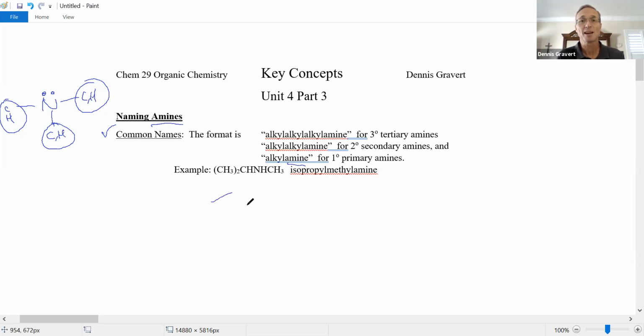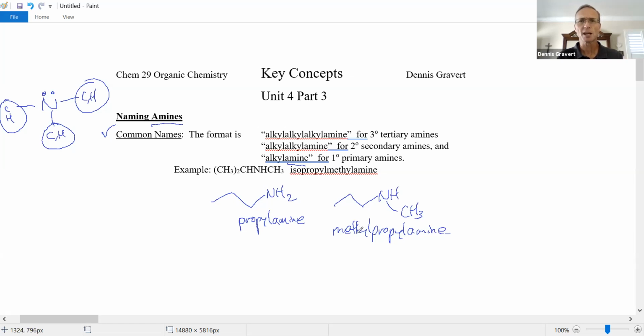So if you have a propyl group in front of a nitrogen, that's the only thing, this is propylamine. If you substitute one of these hydrogens with a methyl group, then one group is propyl, the other group's methyl, put them in alphabetical order, and you have methyl propylamine, and so forth.